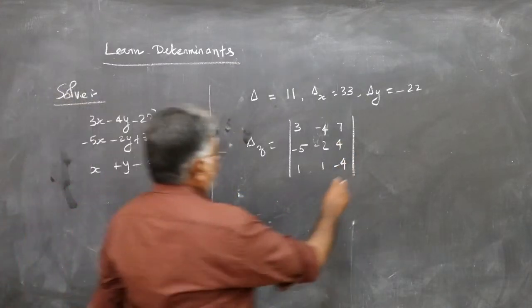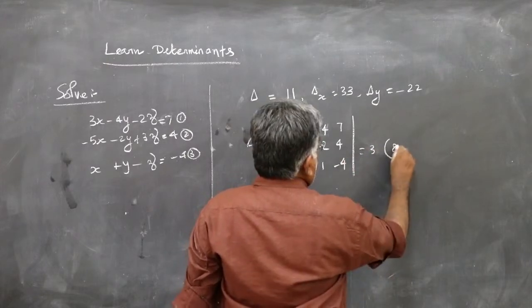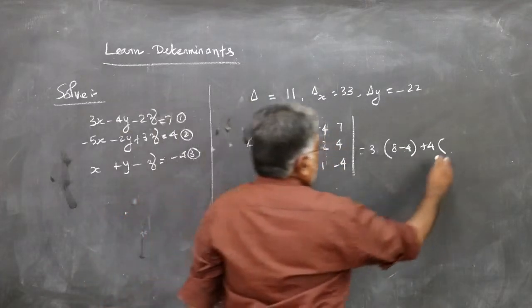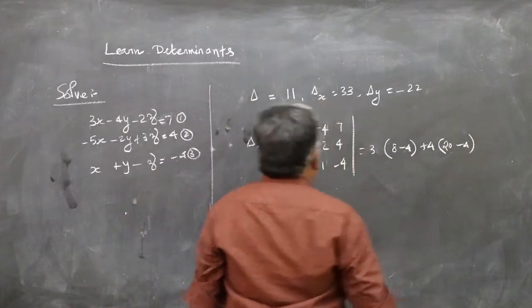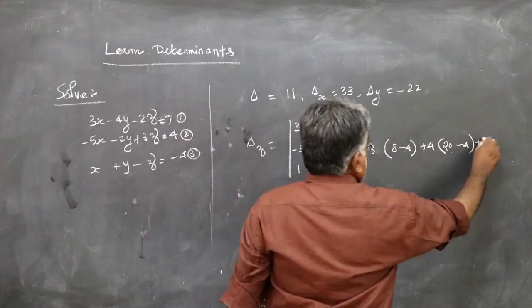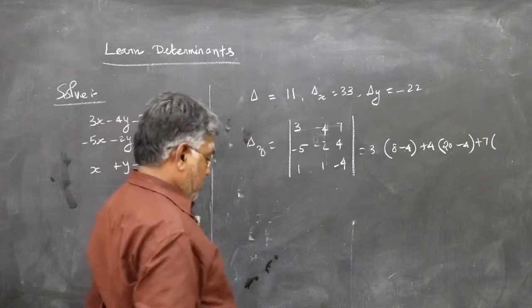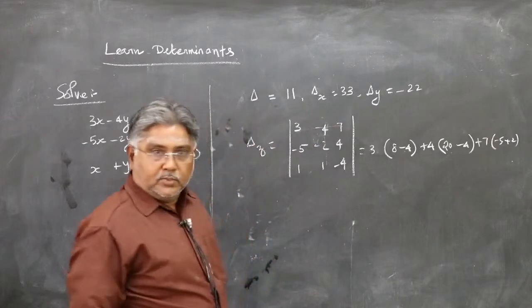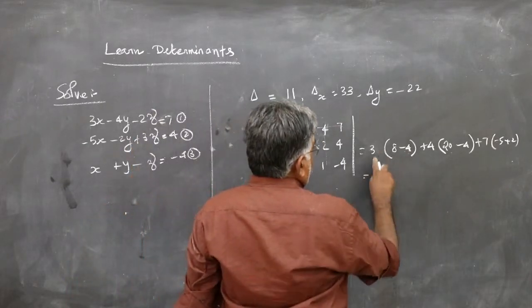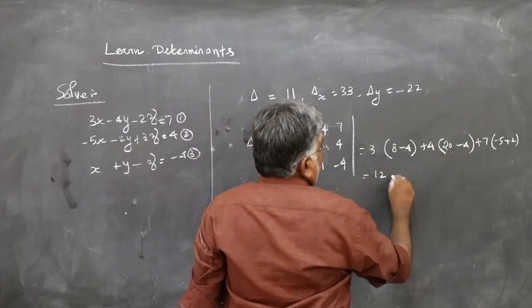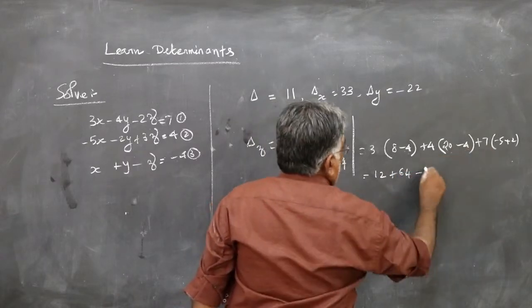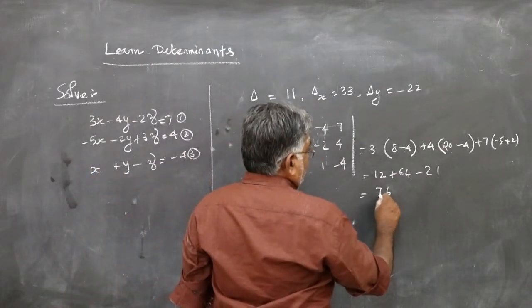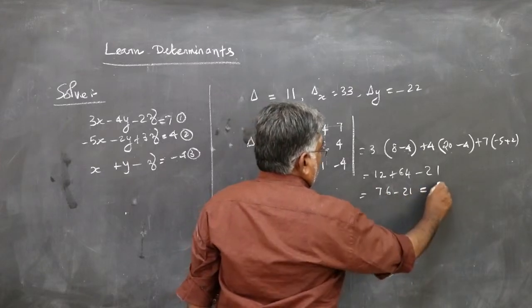You evaluate it. 3 into 8 minus 4 plus 4 into 20 minus 4 plus 7 into minus 5 plus 2. Simplify. 4 into 3, 12. 16 into 4, 64. Minus 21. This is 76 minus 21, which is 55.